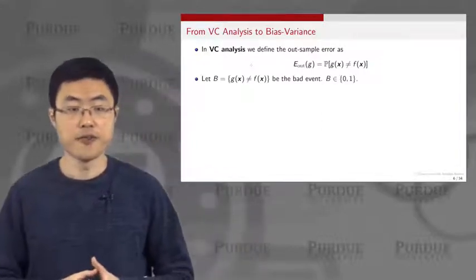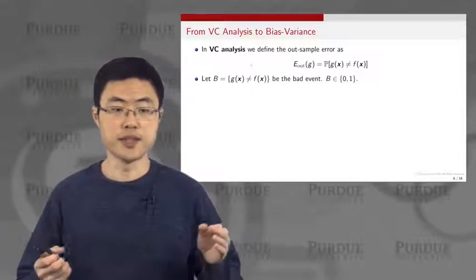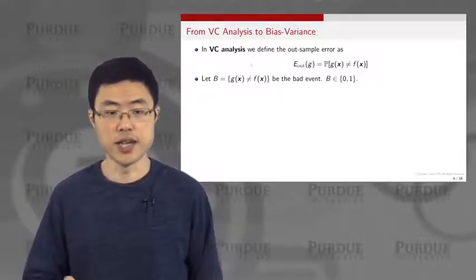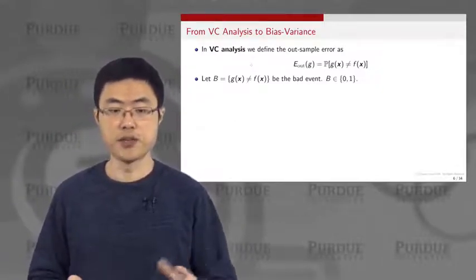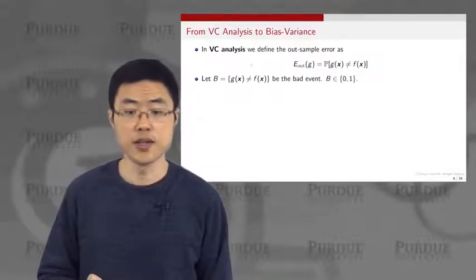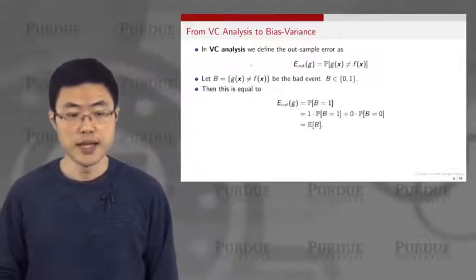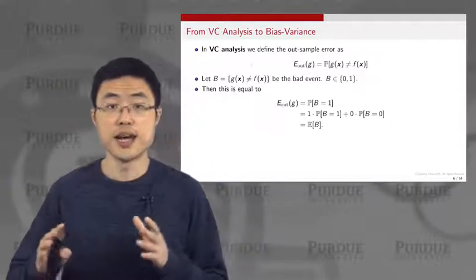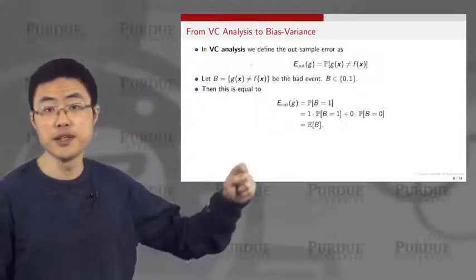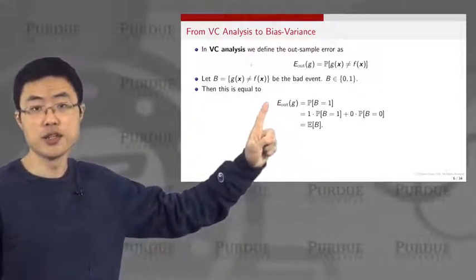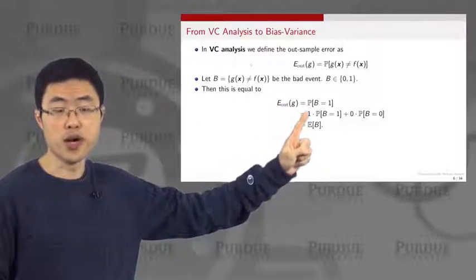Now, let's define a bad event B being the event that g(x) is not the same as f(x), and the bad event would be either 1 or 0. Then we can show that the out-sample error can be written as just the probability of B equals 1.